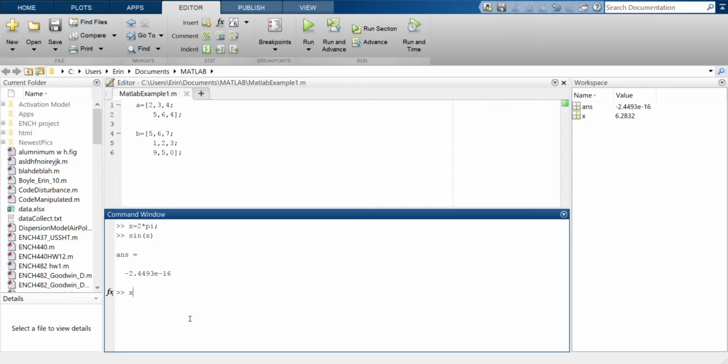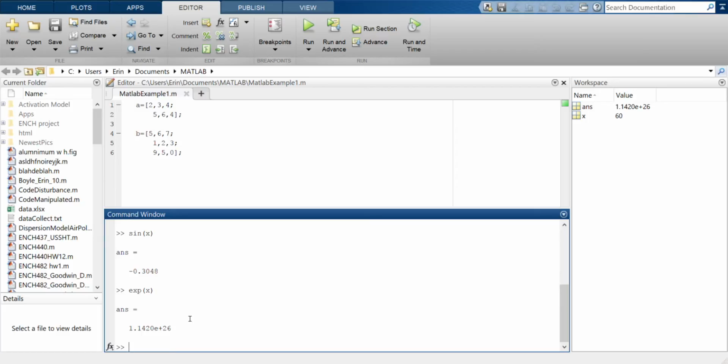So if I say x is equal to 60, and I say sind of x, it will give me the sine of x as if it were in degrees. But if I do just sine of x, it doesn't know that my value is supposed to be in degrees, so it's going to give me a different answer. exp is the same as e to the something, so that will put out e raised to the power of x.